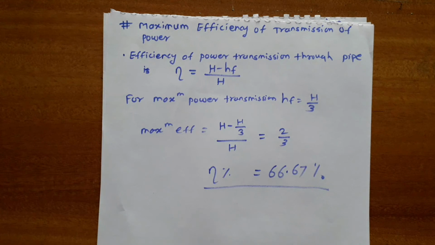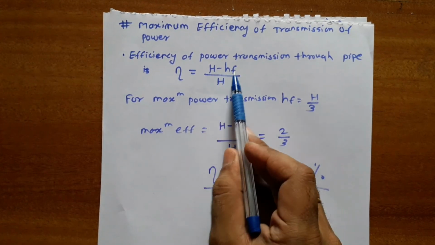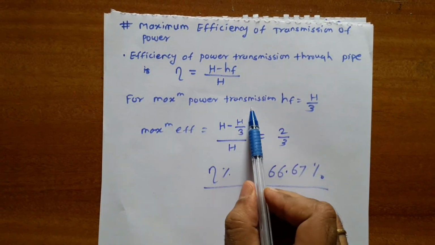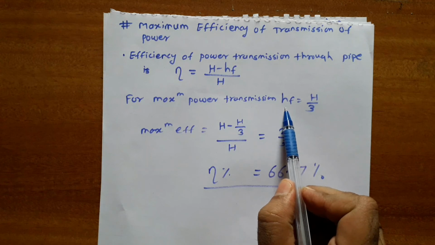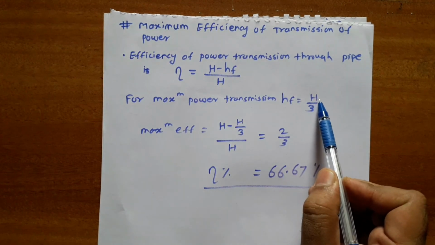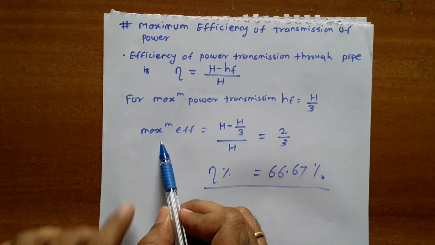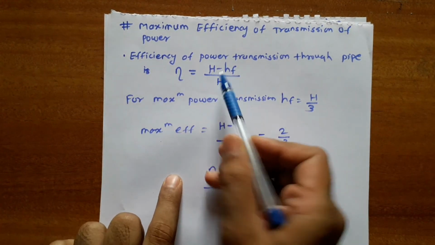The next point is the maximum efficiency of transmission of power. The efficiency of power transmission through the pipe we have already calculated: efficiency is equal to H minus HF divided by H. For maximum power transmission, the condition is that HF is one third of the head available in the tank, H by 3.